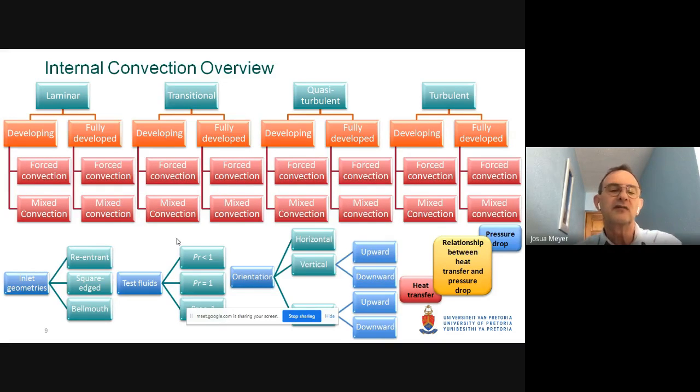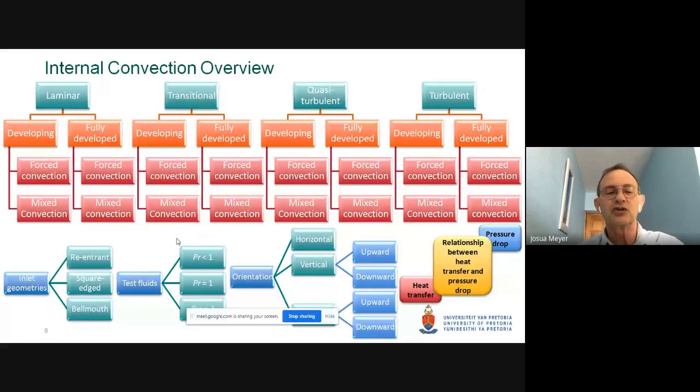We know if the Prandtl number is equal to 1, then the thermal boundary layer and the hydrodynamic boundary layer would meet at the same point, but it would be different for gases, typically air, with a Prandtl number of 0.7, while Prandtl numbers larger than 1, with water approximately 7, order of magnitude 10, but also with glycols where the Prandtl numbers can be up to 80 or something like that.